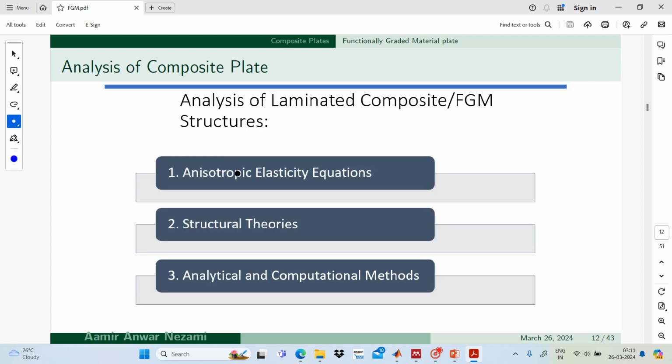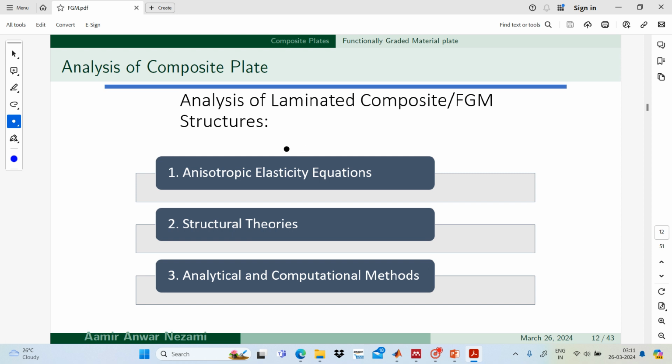So we know that analysis of laminated composite or functionally graded material structures is done in three ways. One is the anisotropic elasticity equations. So first of all, we will see whether the material is orthotropic or isotropic. Generally, in functionally graded material plates, in plane we have isotropic properties.